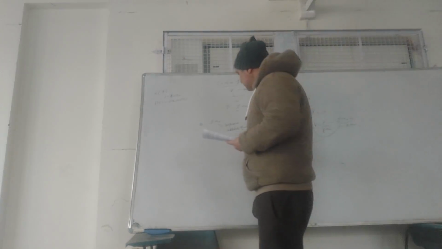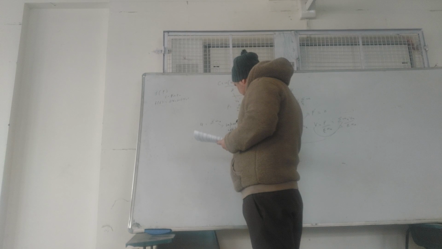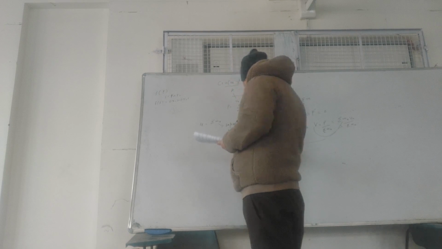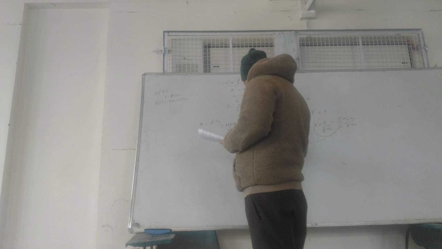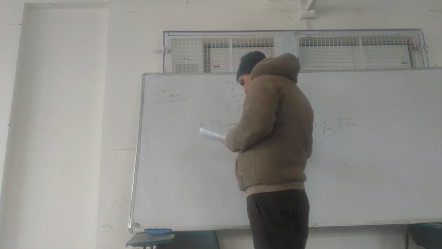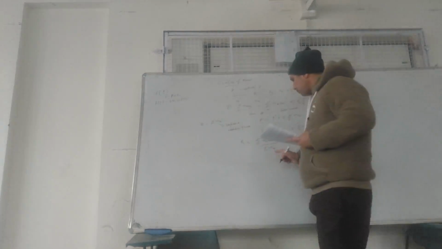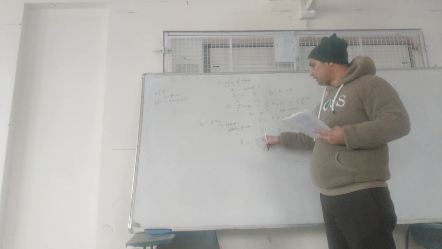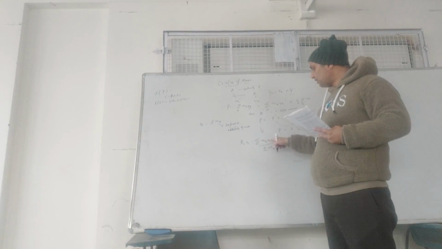And from the radius, it will come like this. We can cancel this. This is sigma of r1 plus r2.